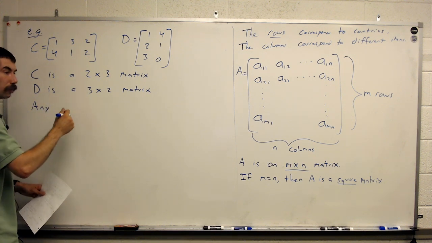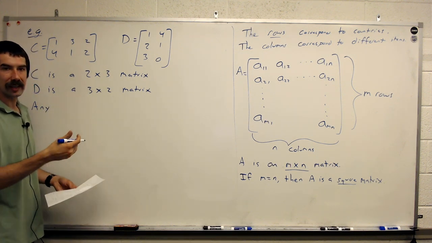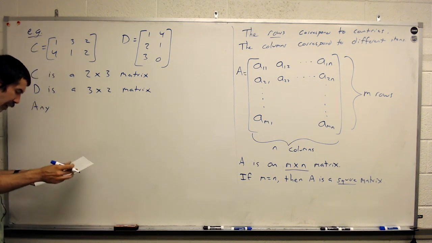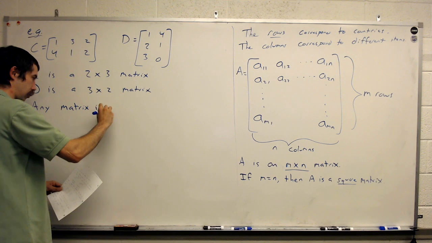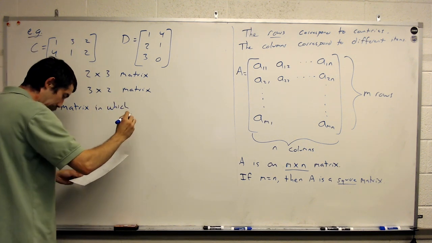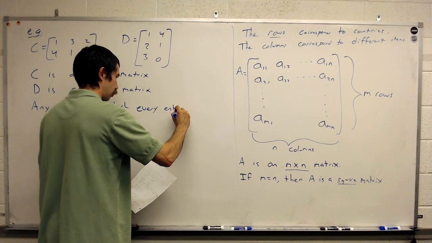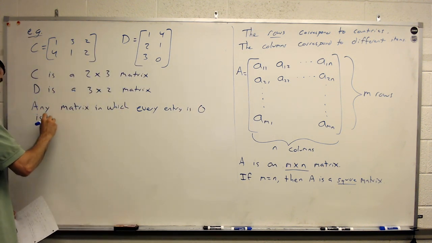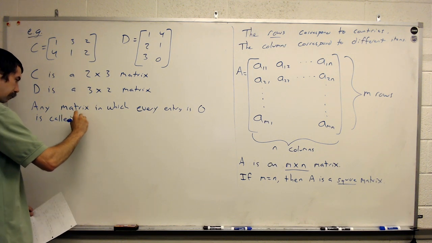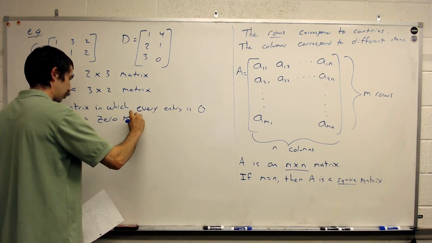We might also have a matrix where everything is 0. Any matrix in which every entry is 0 is called a 0 matrix.